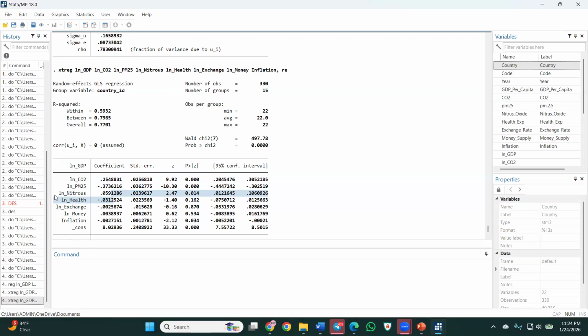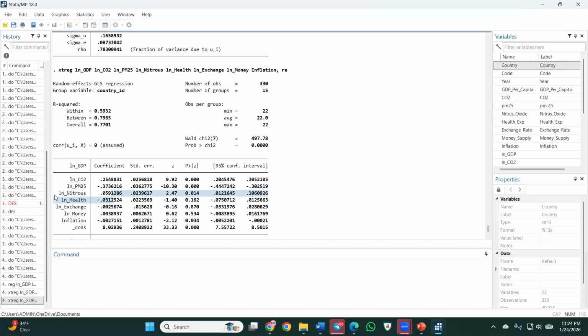PM 2.5 shows negative 0.37, which is negative 37%. It means that a unit change in air quality level will cause a 37% decline in GDP, because it is negative.